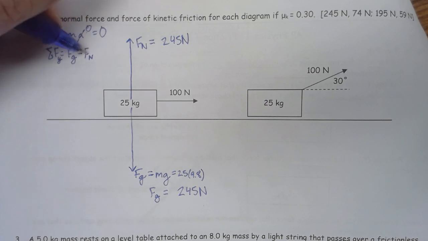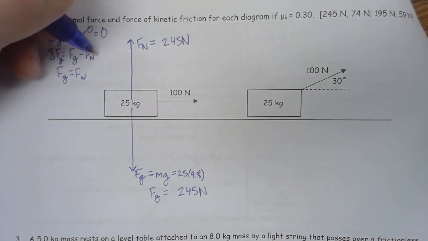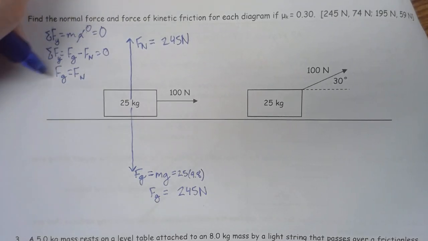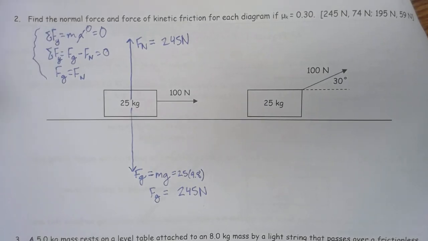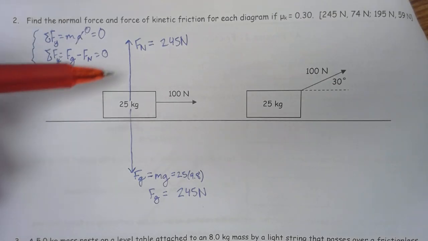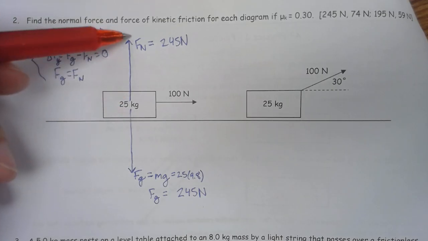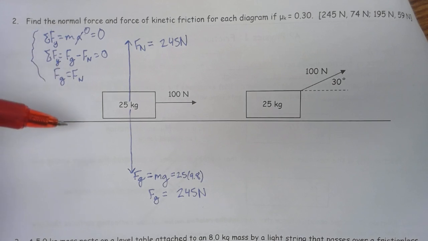That's for sure. Gravity minus normal, which means I can say gravity equals normal. Right? That's what you told me. So I need a little blurb setting them equal to each other. And so if you're able to see that this line is the same as this line, you just need to practice telling me why.